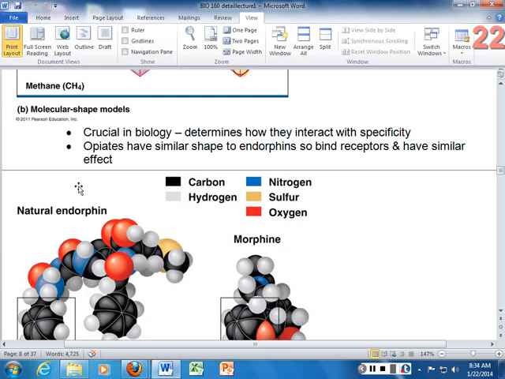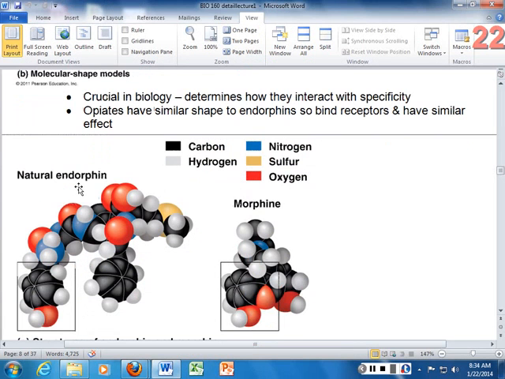Being three-dimensional is important in biology because a lot of times the way they interact with things is more like a lock and key mechanism. It's not that you're going to have little minuscule chemical reactions going on that change things. They're either going to bond together or not, but they're not going to bond if they don't fit in the hole.